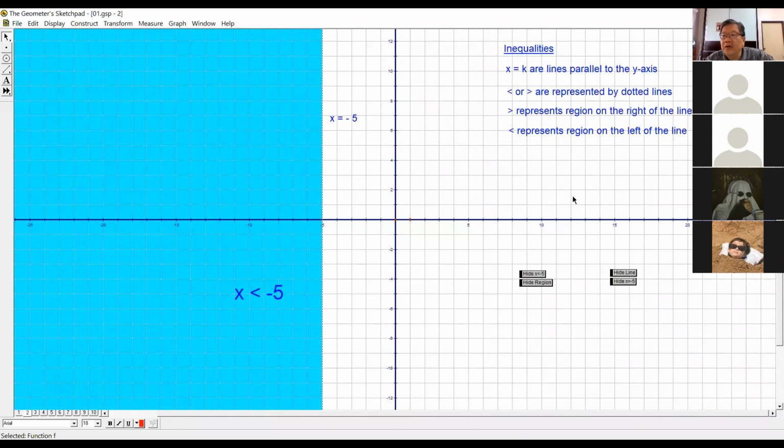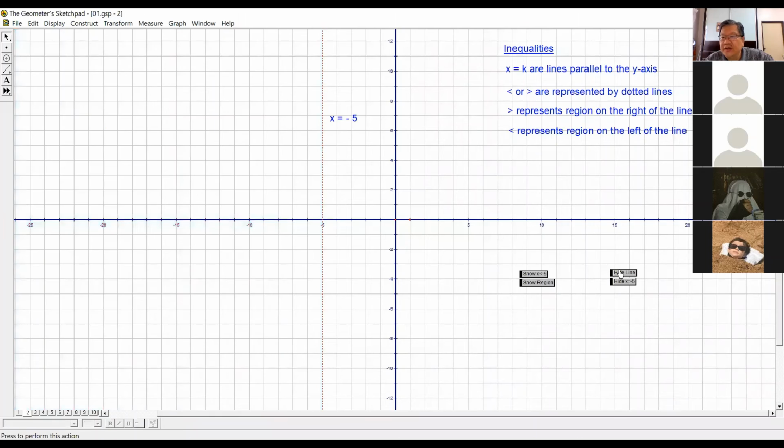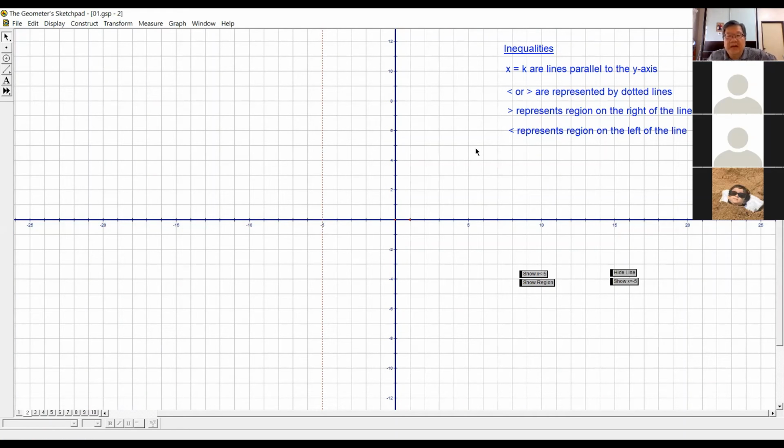Next we look at lines like x equals k. These are lines parallel to the y-axis. This line here is x equals -5.